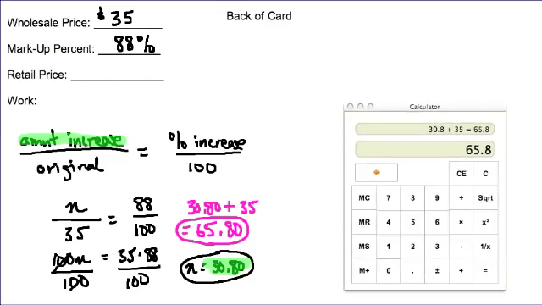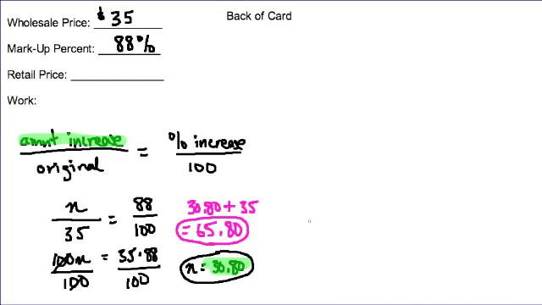Now let's look at one other way of doing this, a slightly different way, especially for those of you who like to use equations. I'm going to combine a couple of different things together. I'm going to write an equation that says the new price, in this case the retail, is equal to the original, which in this case is the wholesale, multiplied by the new percentage.